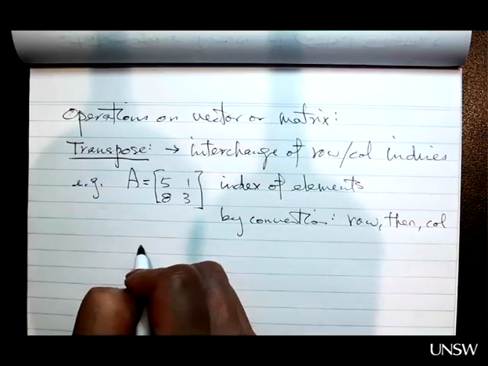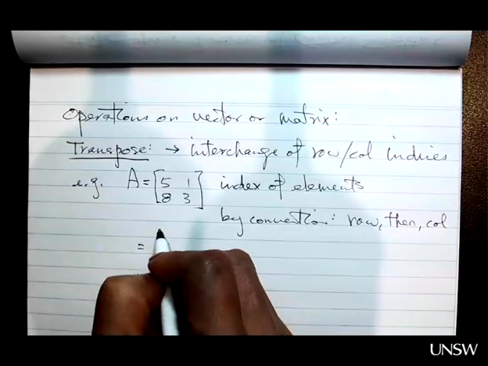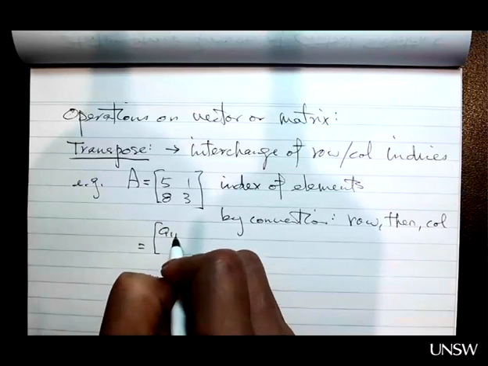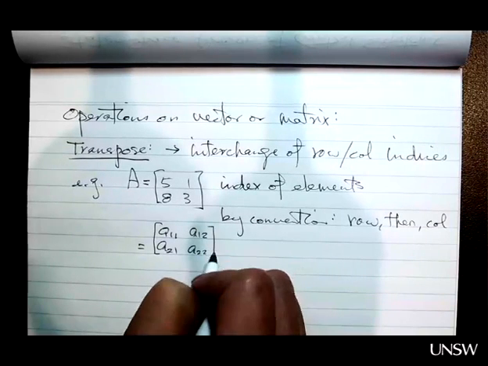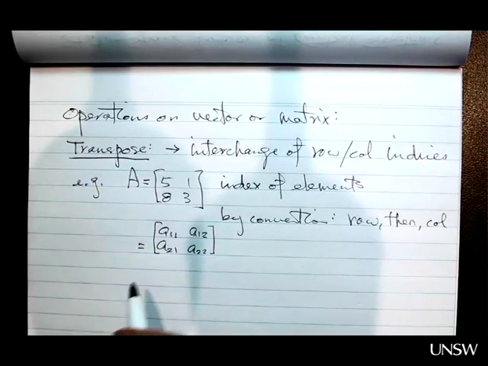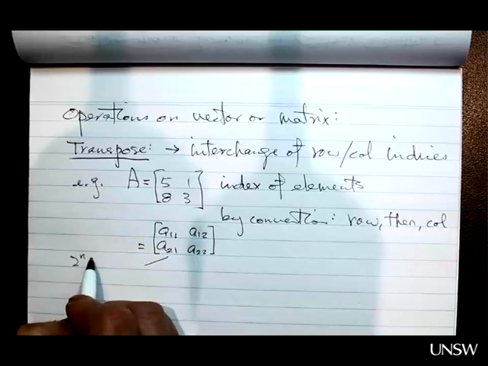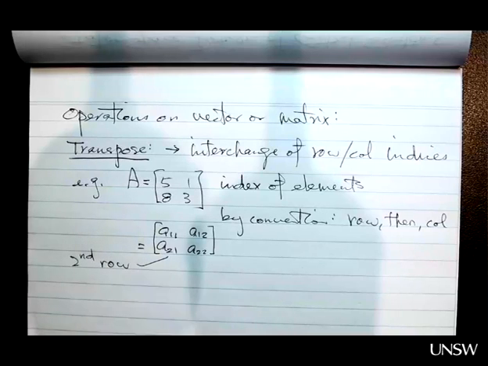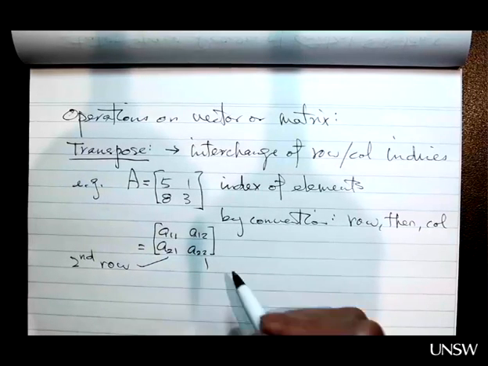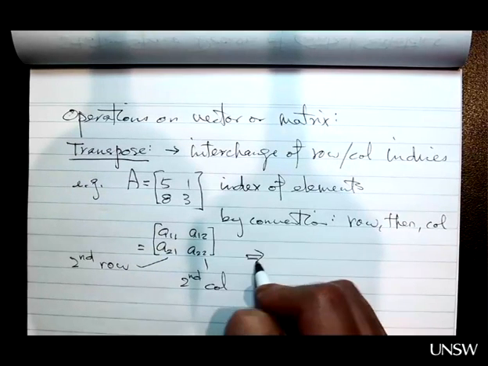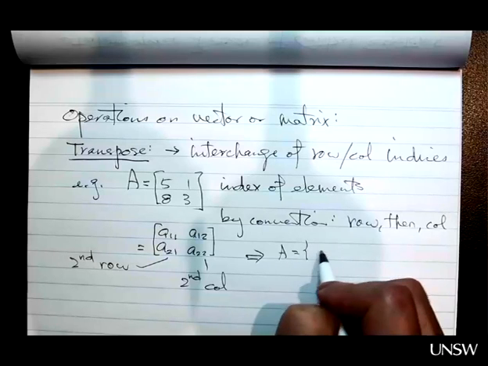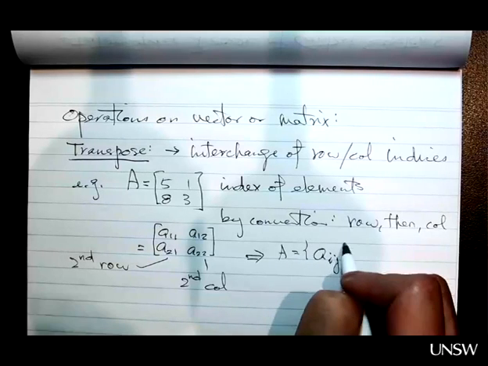So that then we can put the elements as A11, A12, A21, and A22. So for this 2, it is the second row. And then for this 2, it is the second column. And then we can also say that A is a collection of elements indexed by i and j. Okay.